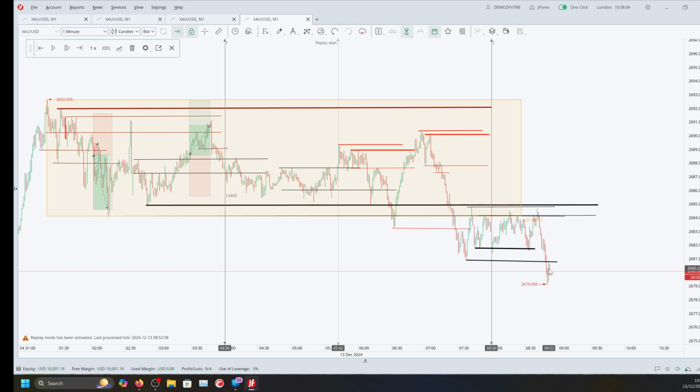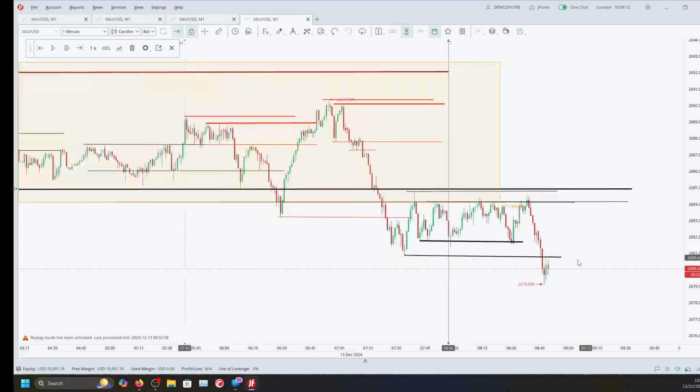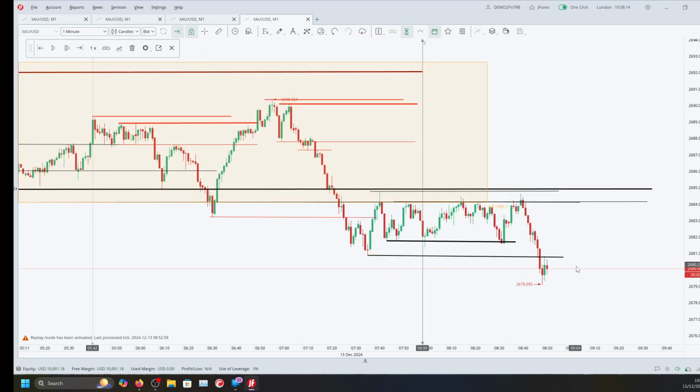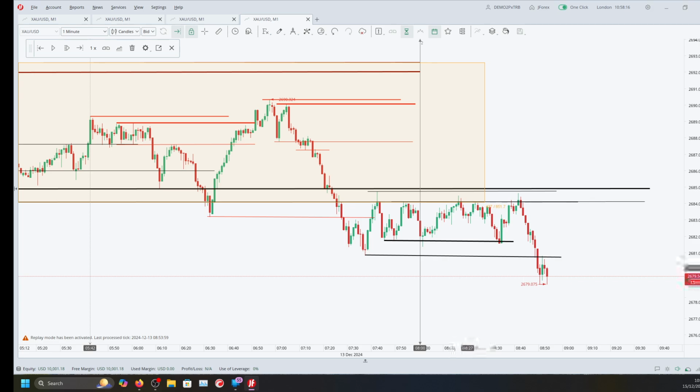And here we've rejected below this low. We've come back in. So yeah, I'd be going short in here, especially after that one.